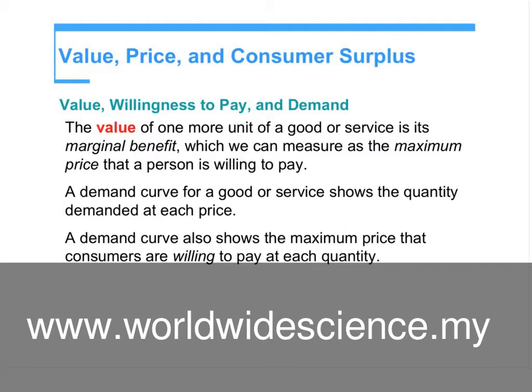A demand curve for a good or service shows the quantity demanded at each price. So on a demand curve, we can see how much of that product is demanded at a certain price. The demand curve also shows the maximum price that consumers are willing to pay at each quantity. So if the price exceeds that, what would happen?